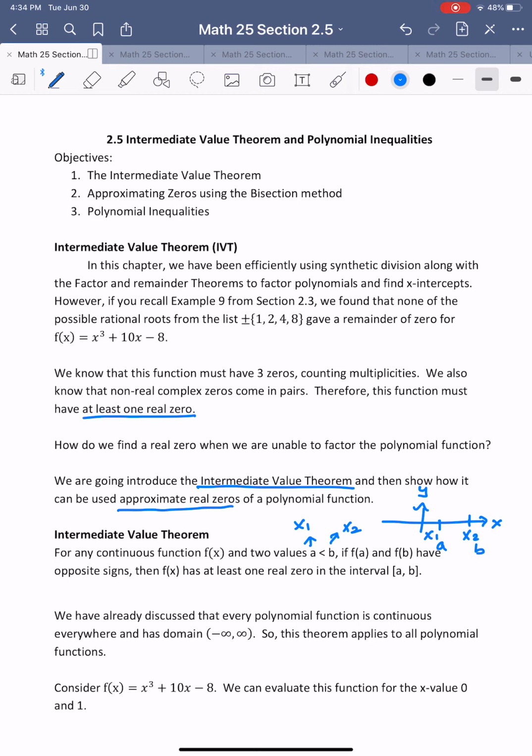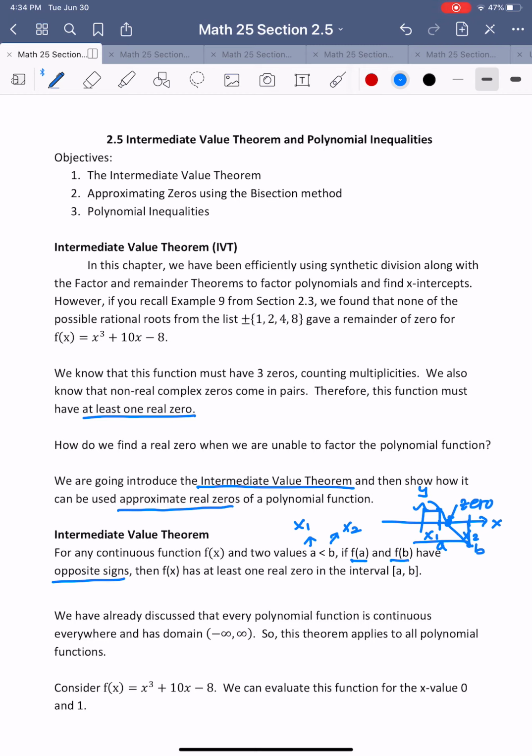If you plug them into the function and f of a and f of b have opposite signs, then f of x has at least one real zero in the interval between a and b. This value is up here, and this value is down here. Connecting these two, as you notice, there's a zero between a and b.